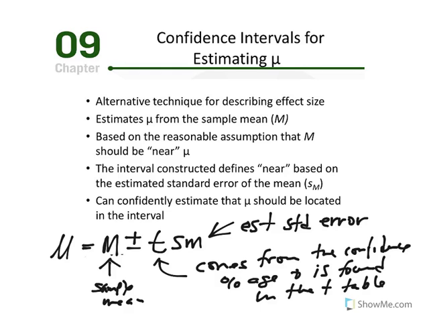Common intervals are 80%, 90%, 95%. And what that indicates is once we compute this value, we would say that we're 80% confident that the true treated population mu resides within this range that we just calculated using this equation.